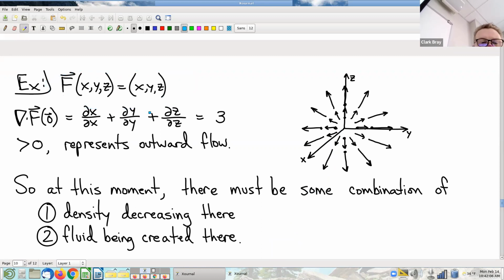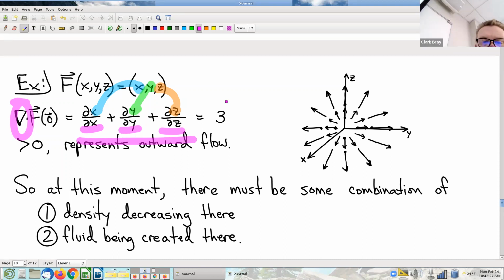Compute the divergence of this. First component, second component, third component. Take the various partials from the divergence, right? X partial, Y partial, Z partial, add them up. And here you get 3. Here you get a positive number.